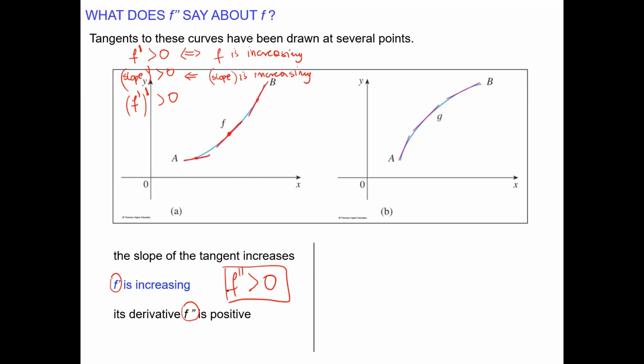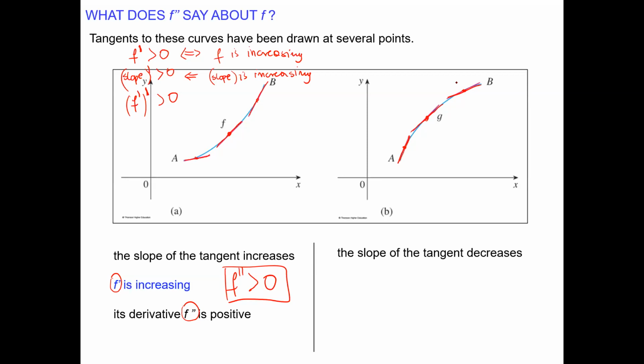Now, looking at the function g and the corresponding slopes of the tangent, that's the slope of the tangent, and that's another slope, and that's another slope. We can see the first one is steep, the next one is less steep, and then this one is almost approaching a horizontal line. That means the slope of the tangent line decreases.